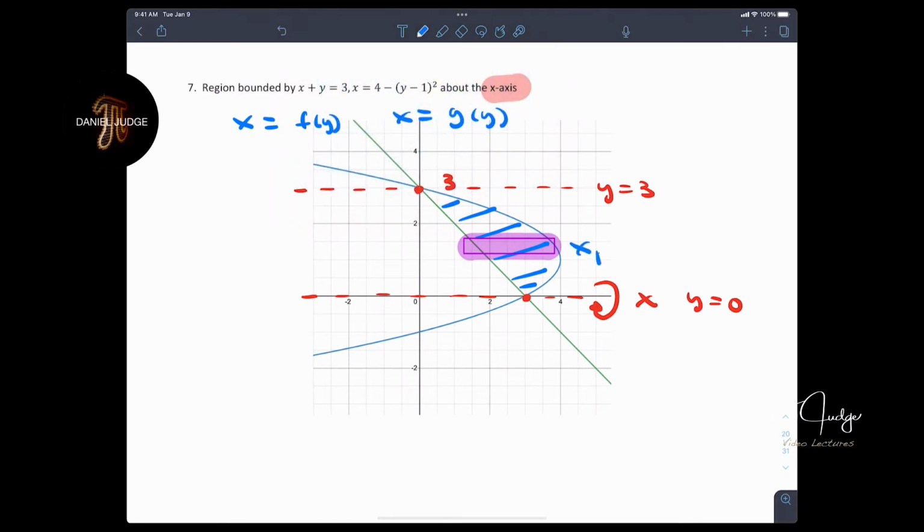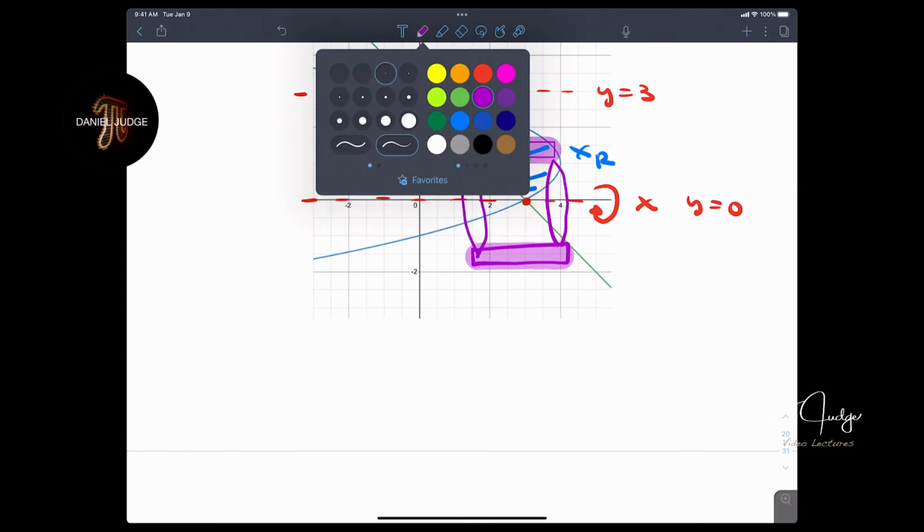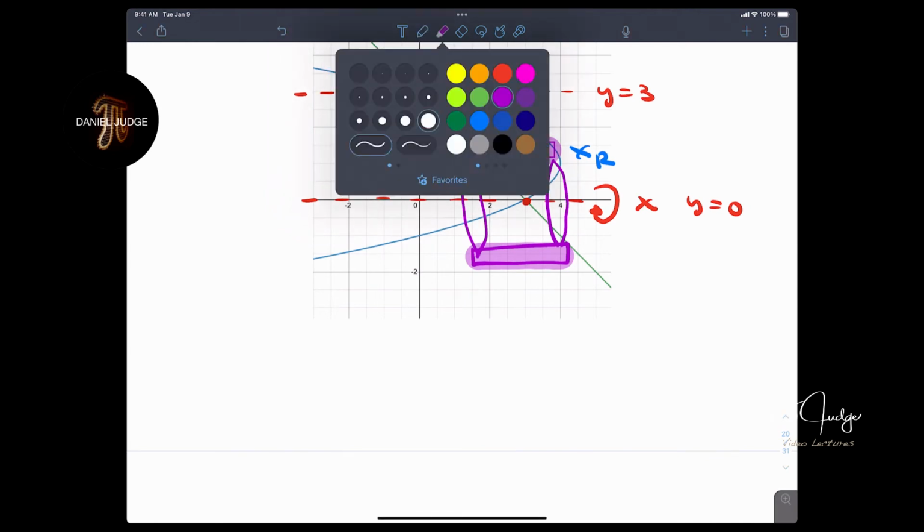So remember, this is XR, XL. That's going to be an important detail. Because when you rotate that region about the y-axis, you obtain a cylindrical shell. And for this particular y value, we need a radius.